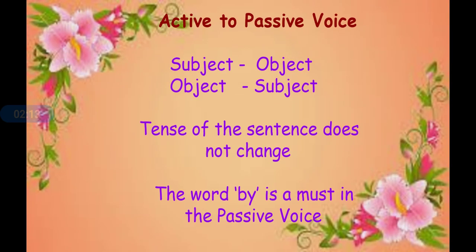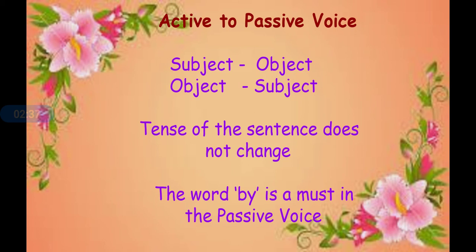Now, let us know how to change the sentence from active voice to passive voice. What are the changes we are going to do while converting from active to passive voice? Subject in the active voice sentence will become object in the passive voice, whereas object in the active voice will become subject in the passive voice.